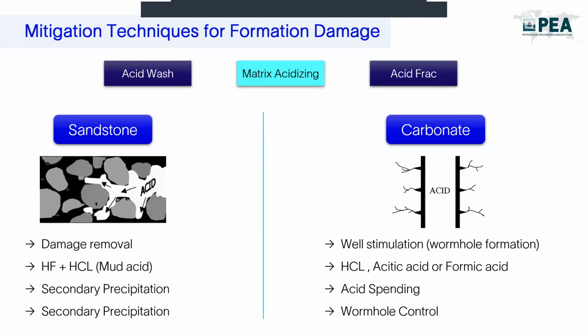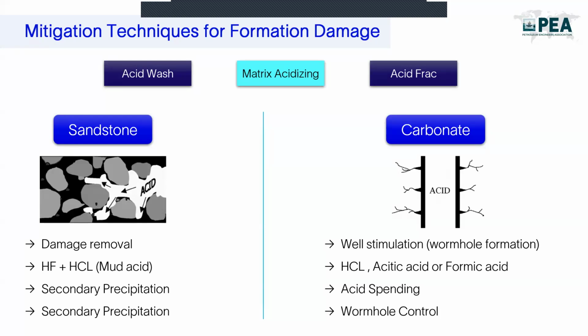Of course, we don't want the hydrofluoric acid to interact with carbonates. So that's why we send HCl first as a pre-flush to the formation to react with all the carbonates, and then we inject the mud acid to dissolve the silica-based minerals and clay minerals.